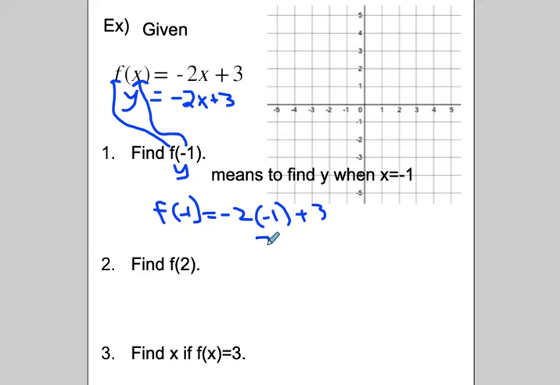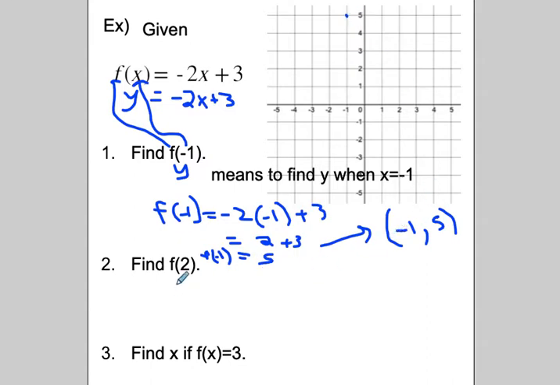Negative 2 times negative 1 is 2, plus 3 is 5. So what we get is f of negative 1 is equal to 5. What that means in terms of the world is when x is negative 1, y ends up being 5. That's your relation right there. And if you wanted to, you could graph that up on the board.